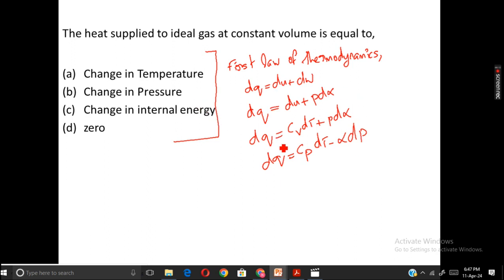In this question, which one we should use? So in this question, they have mentioned the heat supplied to ideal gas at constant volume. So the heat is being supplied at constant volume. So then this equation, specific heat at constant volume, will come. So dQ is equal to Cv dT plus P d alpha.